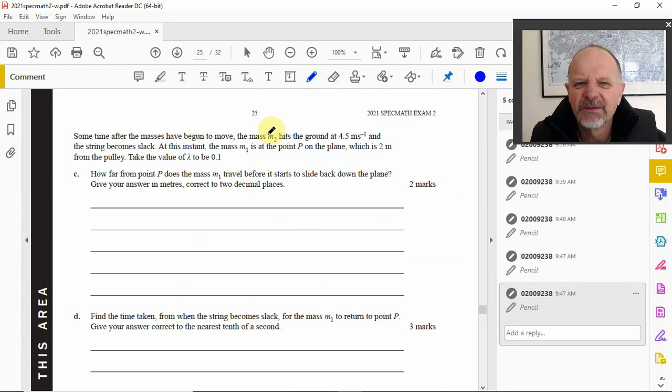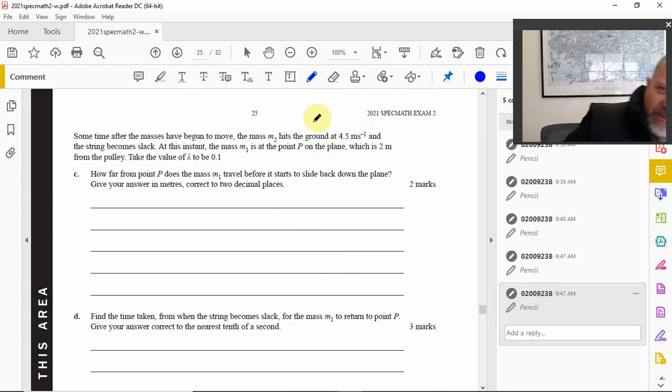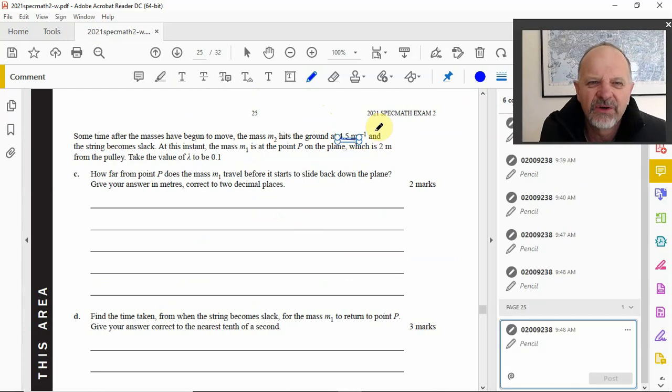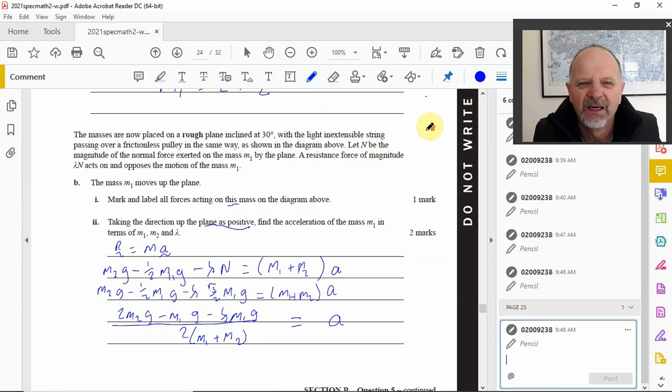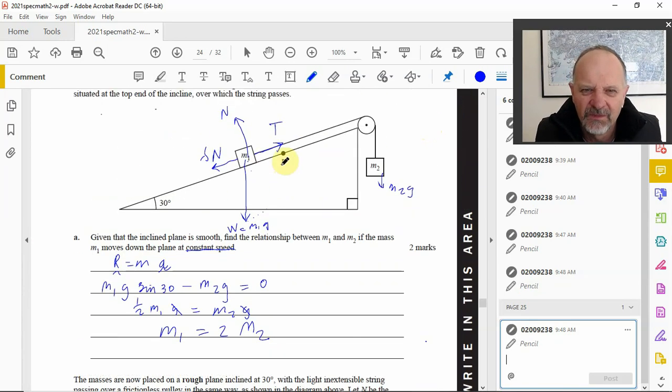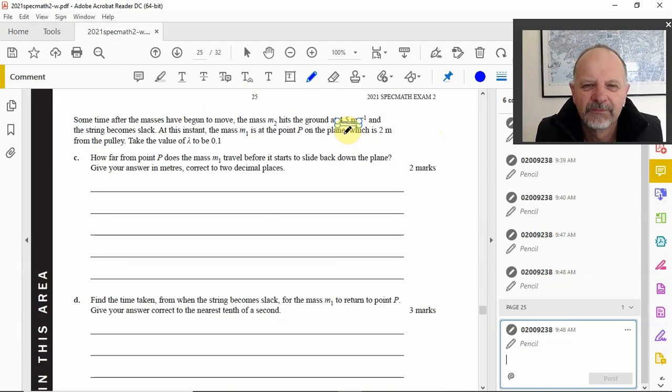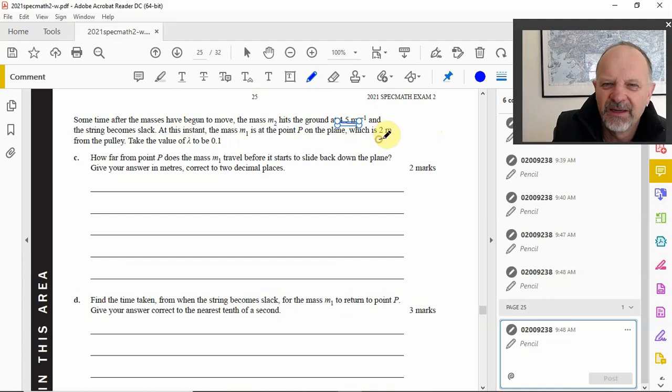All right, then sometime after the mass starts to move, mass 2 hits the ground at 4.5 meters per second, and the string becomes slack. At this instant, mass 1 is at point P on the plane, which is 2 meters from the pulley.